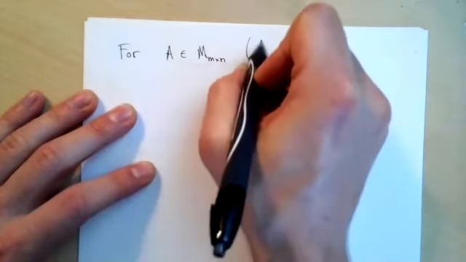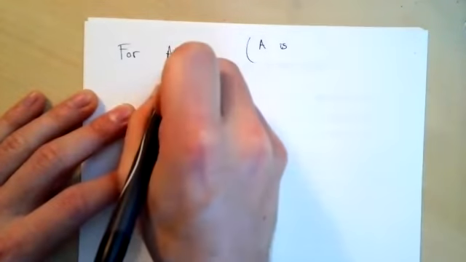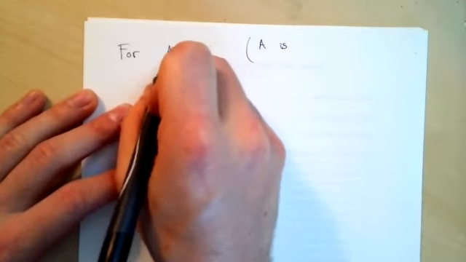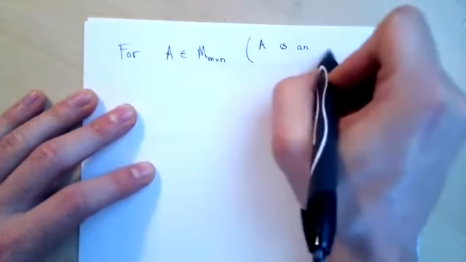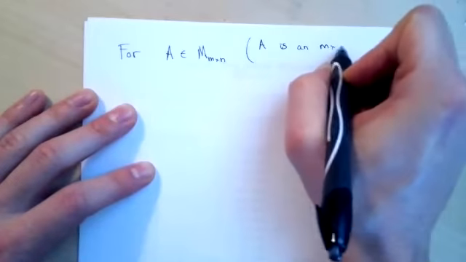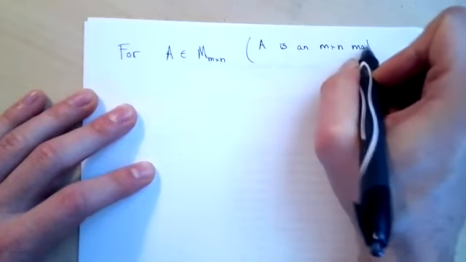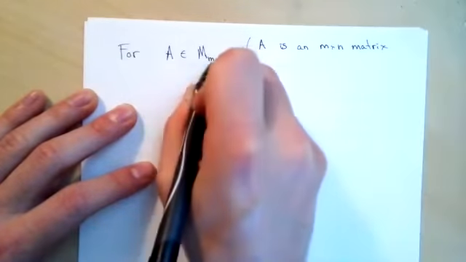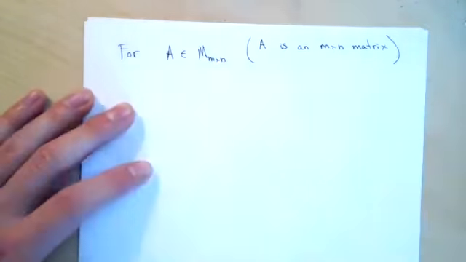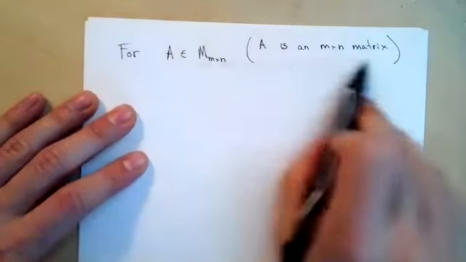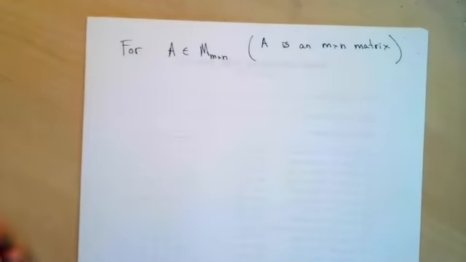This means A is an element of this set, or A is an m by n matrix. The capital M stands for matrix. The little m by n tells us the dimensions. So that way I don't have to keep reading that statement out.